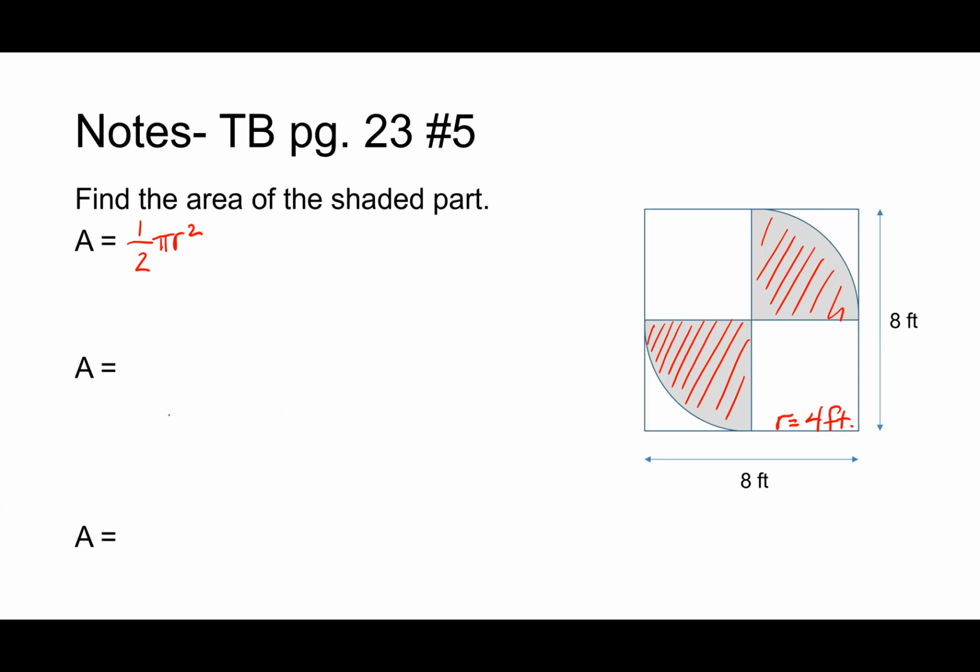Charlie? Yep. Read the blurb with the hand. Gabby? Are we doing 22/7? No, because we're not using a multiple of 7. So you're going to use 3.14. Alex? Okay, good.